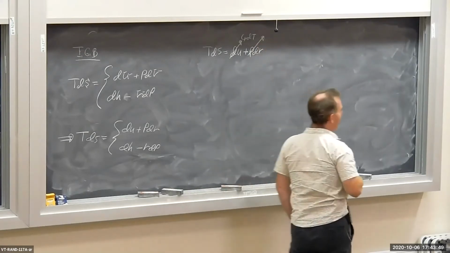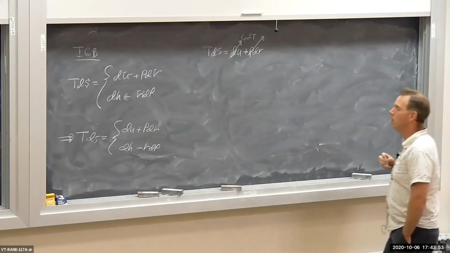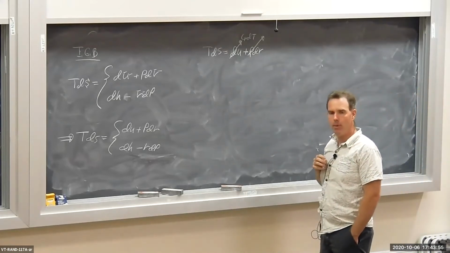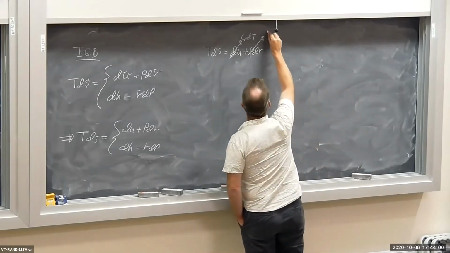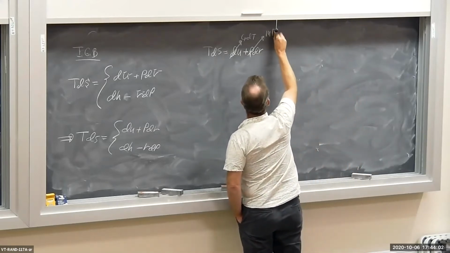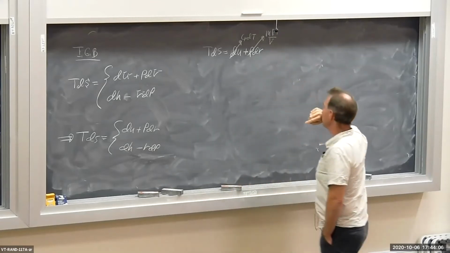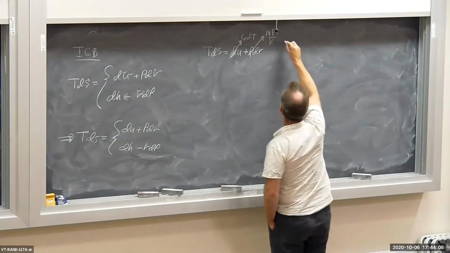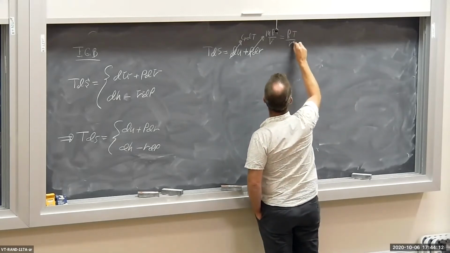From the ideal gas law, pressure is equal to mRT over V. And of course, I can write this as RT over specific volume.